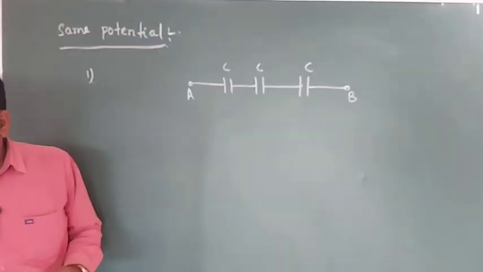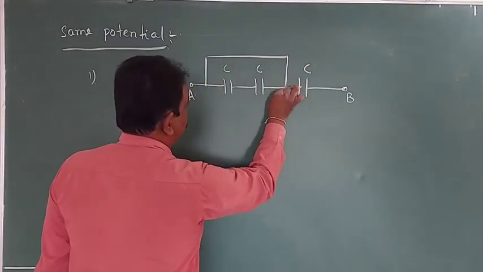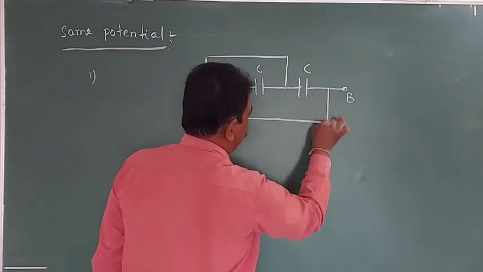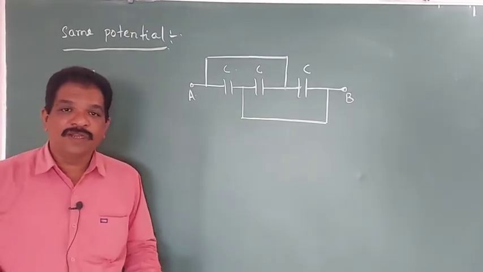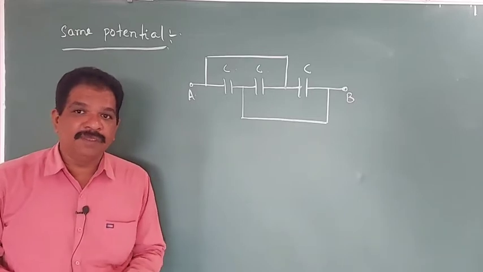Understanding? Now what they did is, one wire they joined between these two. They are asking what is the effective capacity between A and B now.